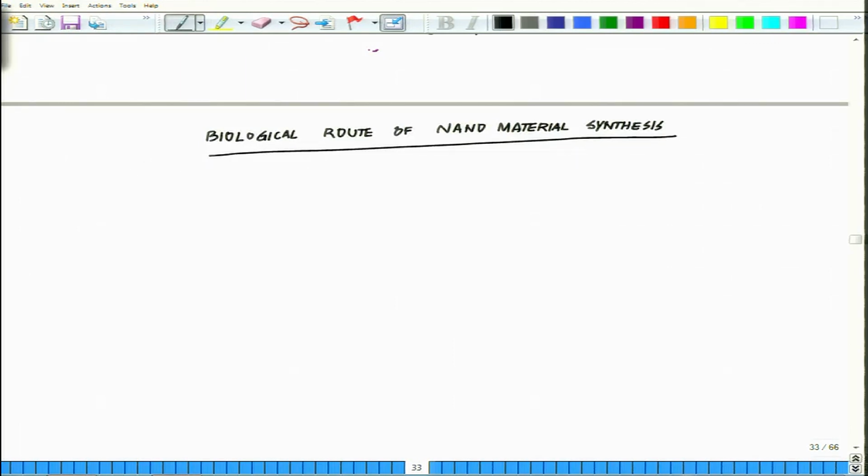As we have already mentioned, the first one we will be discussing is biogenic synthesis using microorganisms. Biogenic synthesis using microbes or microorganisms.